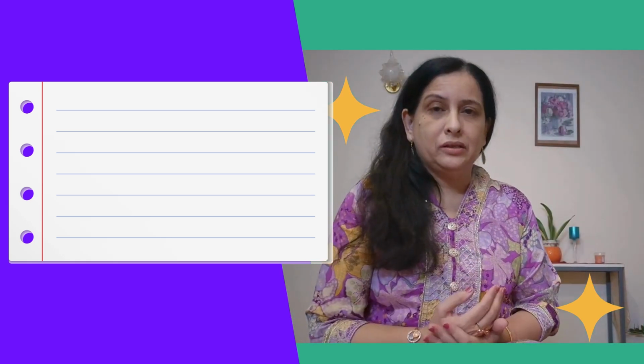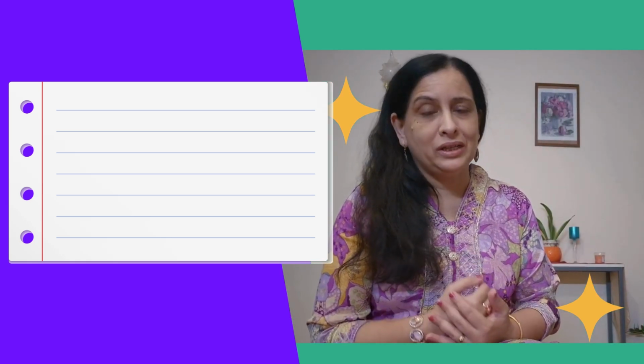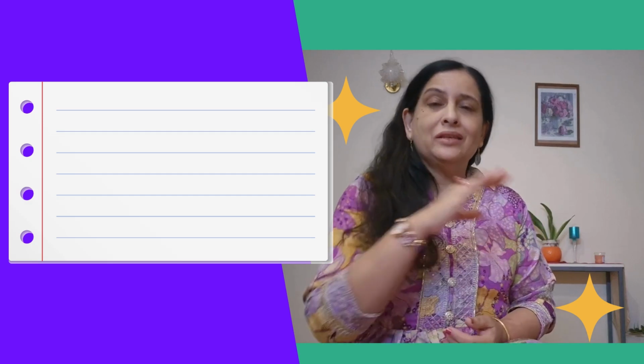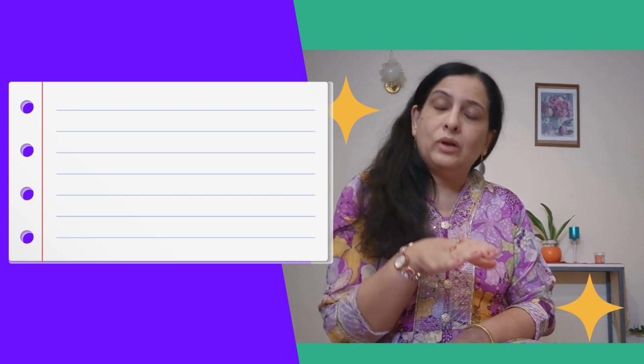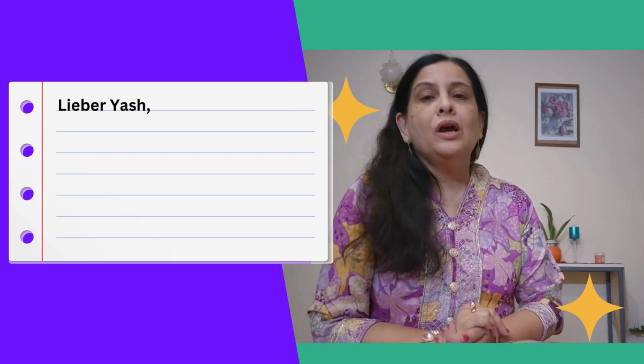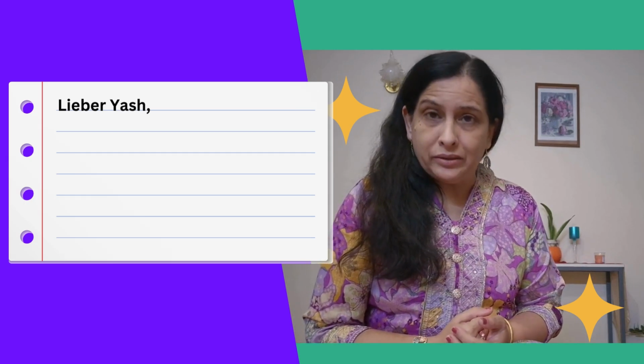Now the response to this letter: if your friend is writing a small letter in response to your letter, then how will it be? That also we'll see. It will again be the same thing. It will start with salutations, like lieber so and so or liebe so and so, and you can start the letter.